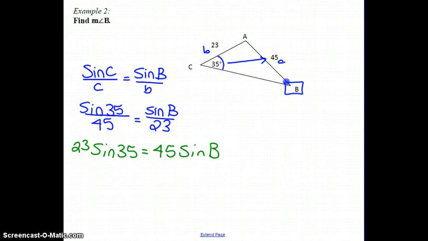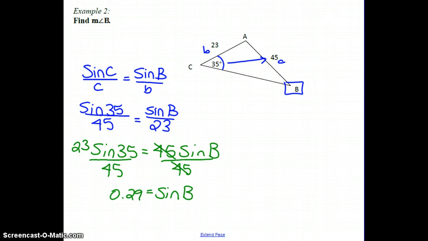Now this is tricky to some people, but since we're missing our angle, our sine needs to stay with our angle. So we just divide both sides by 45. Then you get 23 times sine 35 divided by 45, and that gives you 0.29. Every single time you should get a decimal number that is smaller than 1.